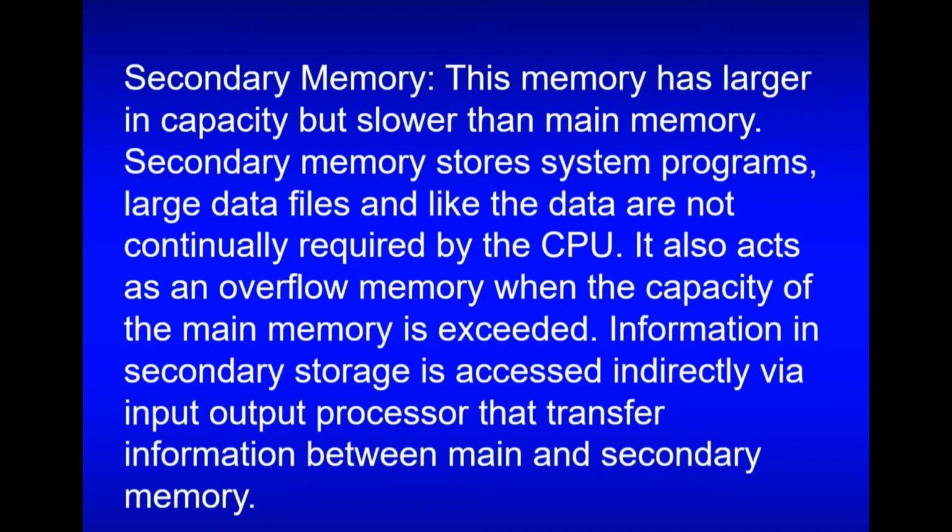Secondary memory stores system program. Mostly, if you remember, when we have a hard disk, we make different partitions, C colon, D colon, E colon, several types of partitions we will make. Mostly the operating system, right? See, all these are hardware, and this hardware operates on certain software which is called as operating system.